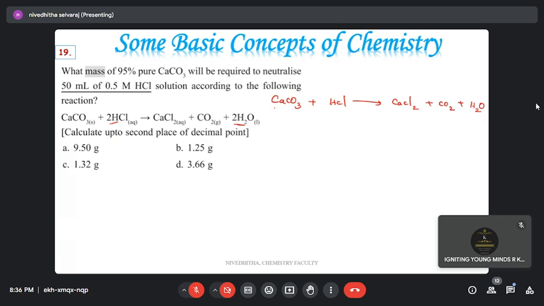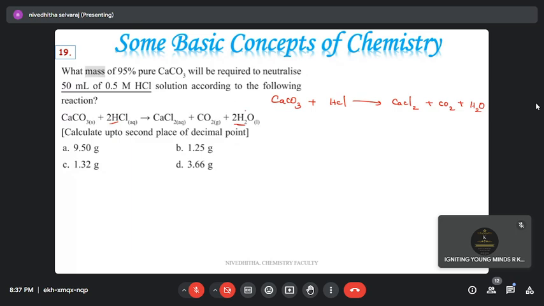Carbon dioxide is liberated, so one more oxygen will be there that will constitute the O in the H2O, so that will add up just fine. Since there is 2 HCl, calcium chloride will automatically get balanced, ma'am. So I'm writing the balanced equation here. Please check.